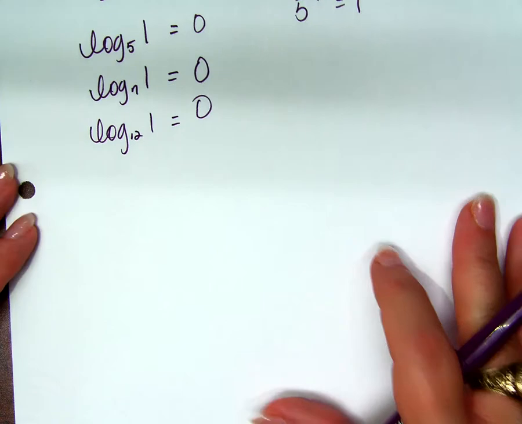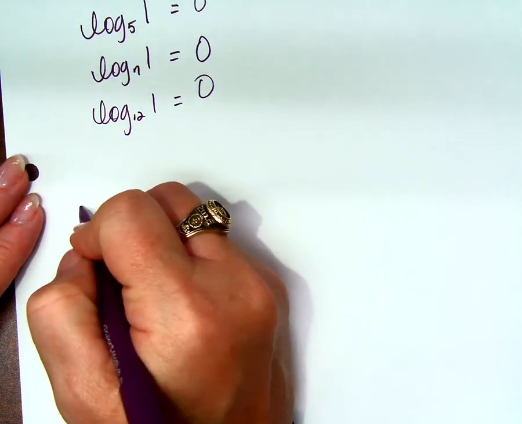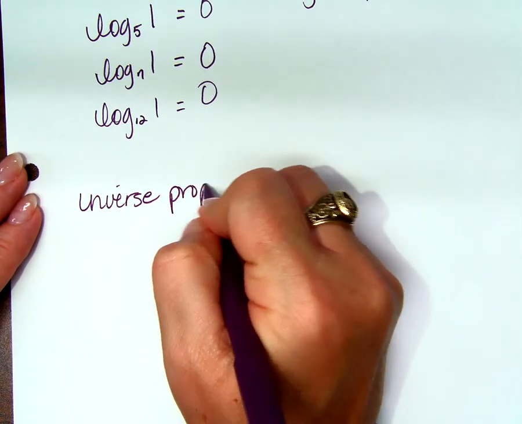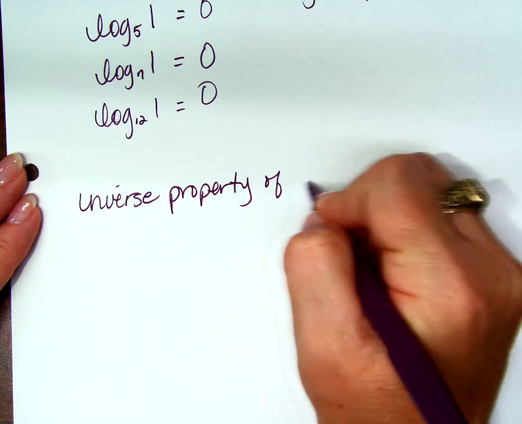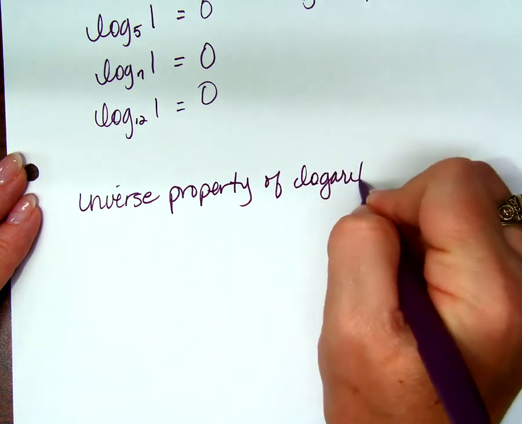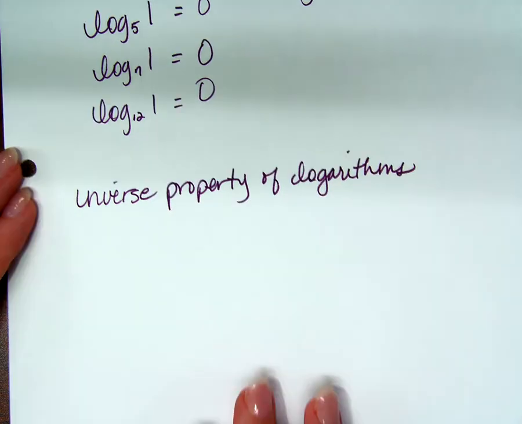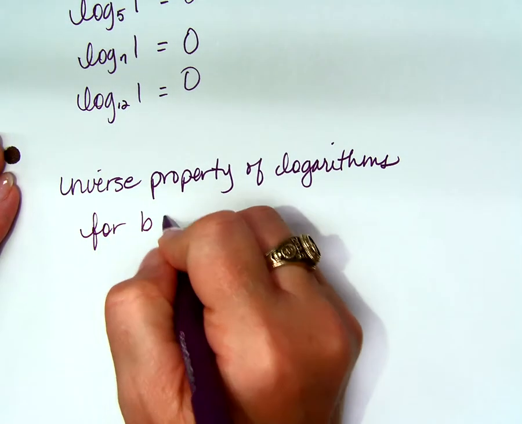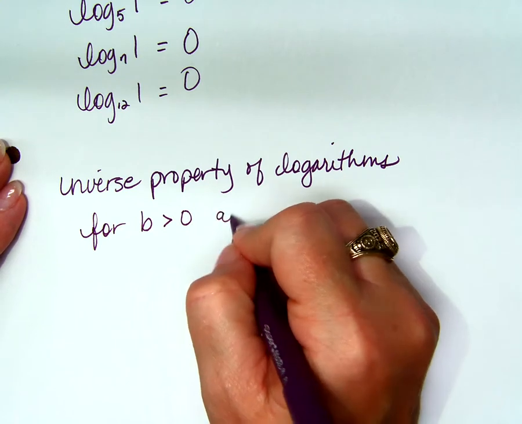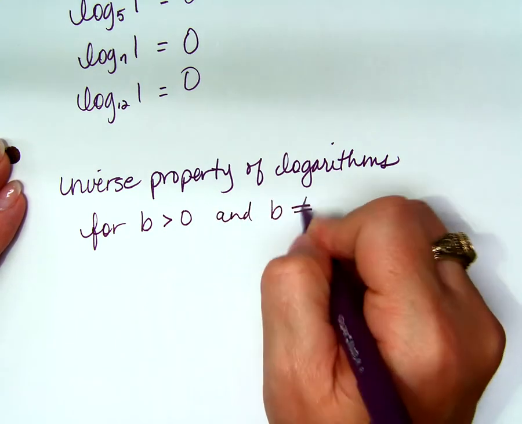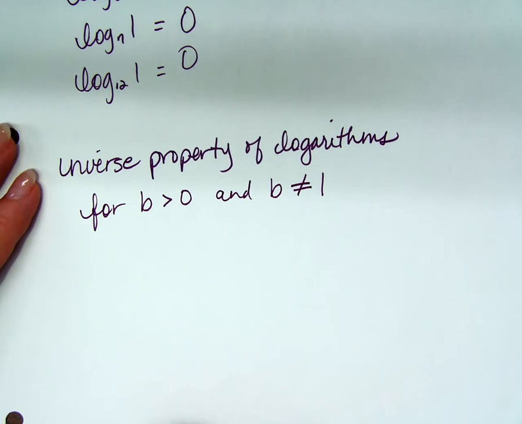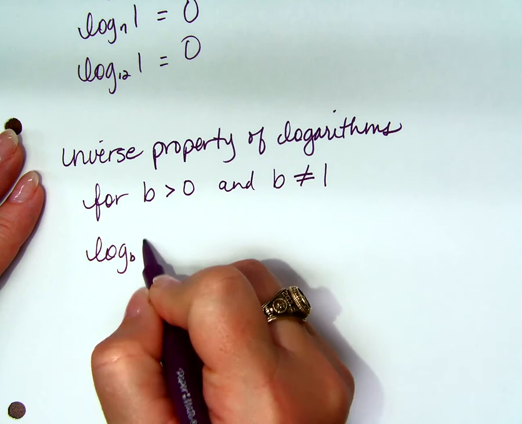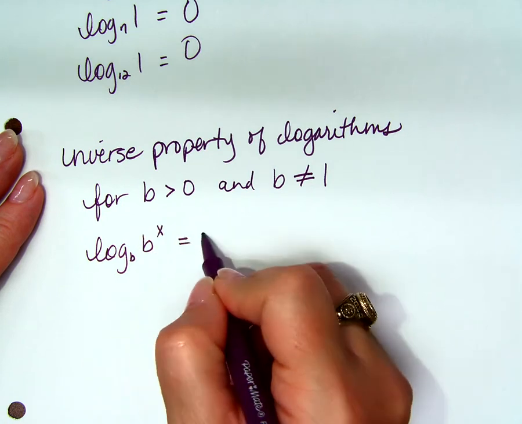Then there's the inverse property of logarithms, for b greater than 0 and also b not equal to 1: log base b of b to the x power equals x.